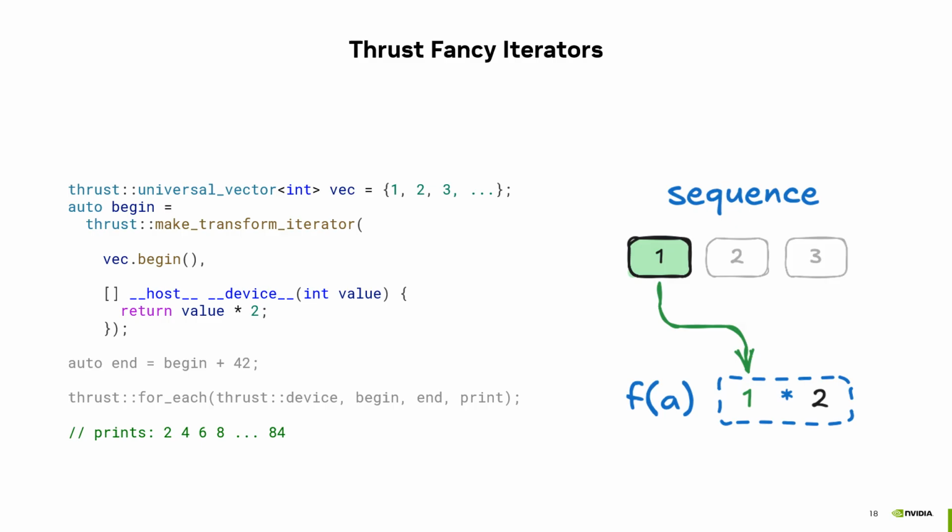When we iterate over the resulting transform iterator, each element is automatically multiplied by 2 on the fly. So if the original data was 1, 2, 3, 4, the transform iterator yields 2, 4, 6, 8. Importantly, these transformed values are not stored in memory. They're computed dynamically whenever the iterator is accessed.